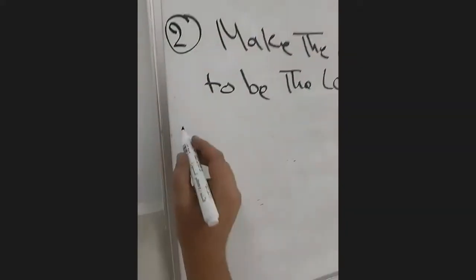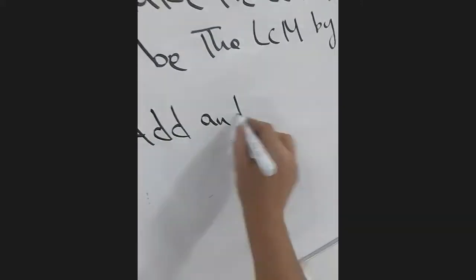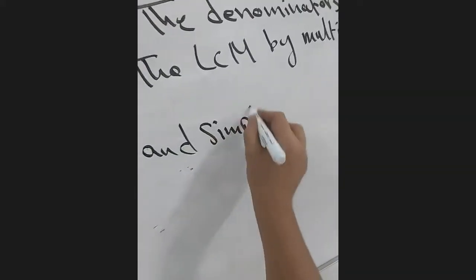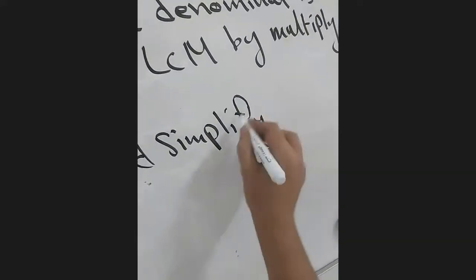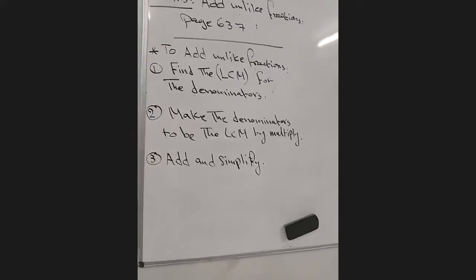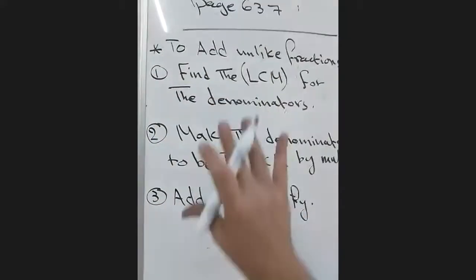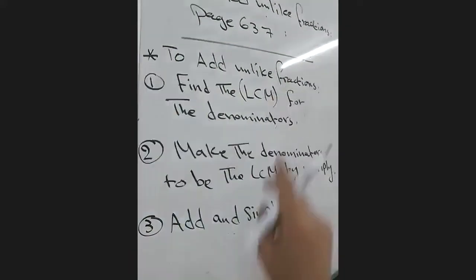How? By multiplying. The third step, we add and simplify the answer. Don't forget that the answer should always be in simplest form by using the GCF, which we did also. So the least common multiple and the GCF, we always use them, okay, guys? These are the three main steps of adding unlike fractions.